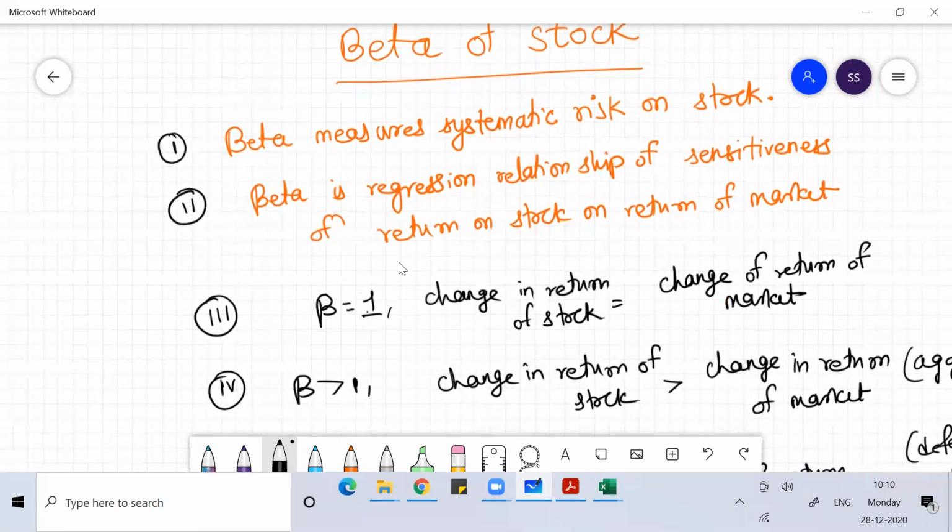Beta measures the sensitiveness of how the change in stock is going to impact the change in the market, or how change in market is going to impact the change in stock.